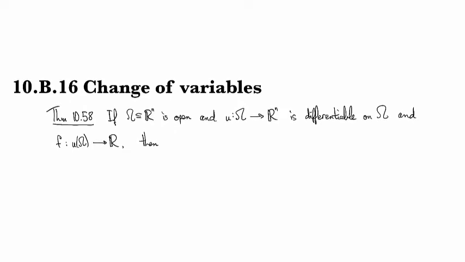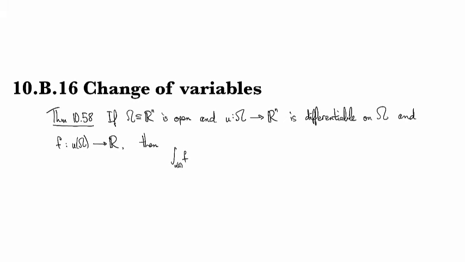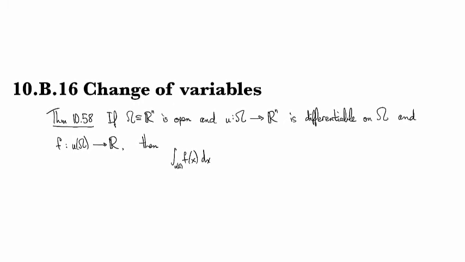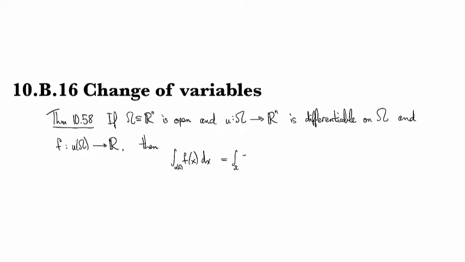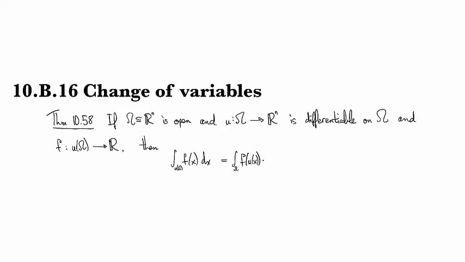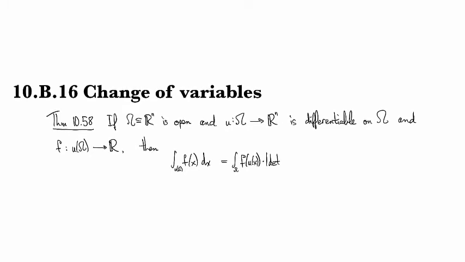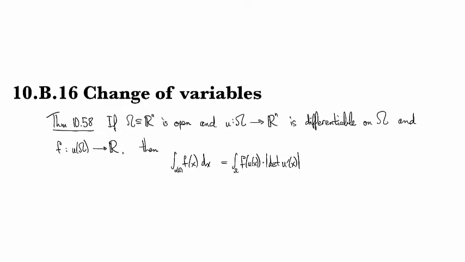Then what we have is that the integral over the image of omega of f, and so we'll give it a dummy variable of integration x, so f of x dx, is the integral over omega of f of u of x times the absolute value of the Jacobian determinant times dx.